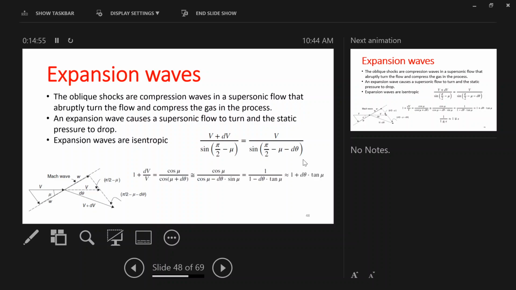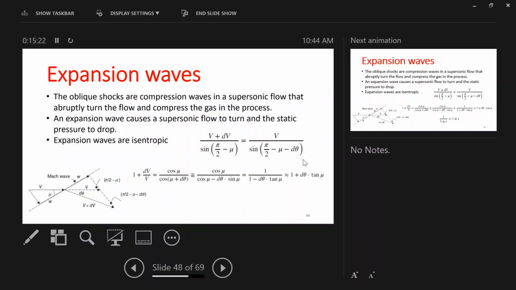Okay, let's play with this a little bit. Let's move the velocities to one side and the angles to the other side. We are going to get V plus dV over V, which is going to be 1 plus dV over V, right? And on the other side, sine of pi over 2 minus mu is equal to cosine of mu. That's a trig relationship, right? And you can say the same thing for this.